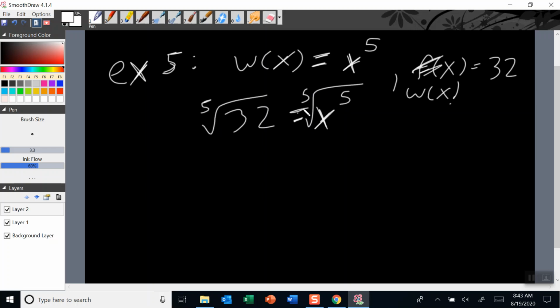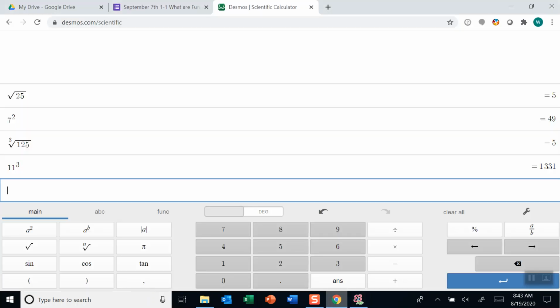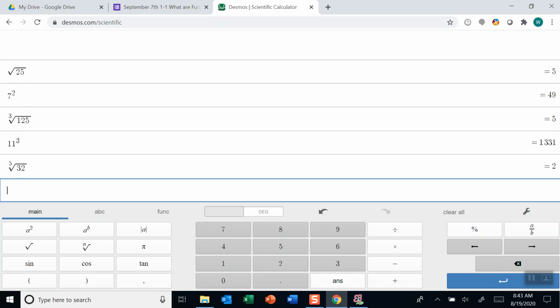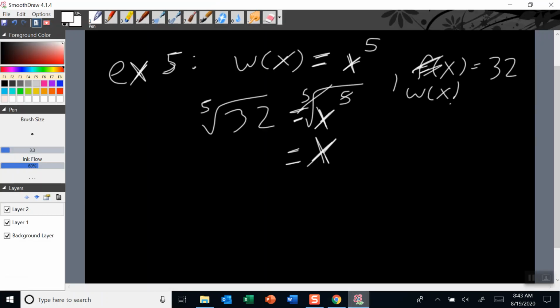Okay, so the fifth root and the fifth power cancel, and of course we achieve what we want, which is to get x completely by itself. Now here, I go back to my calculator, and we'll hit this radical to the power of n, and the fifth root, we put a 5, and then inside the radical, we'll put 32, which of course gives us 2. So, we can go back here, and x equals 2.